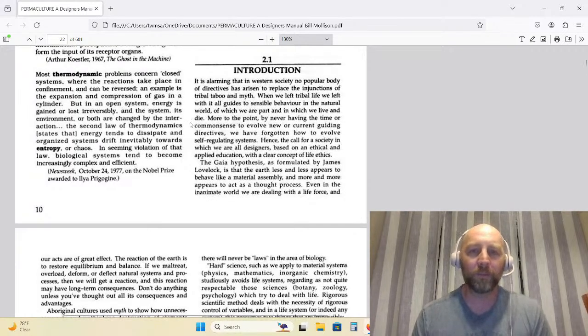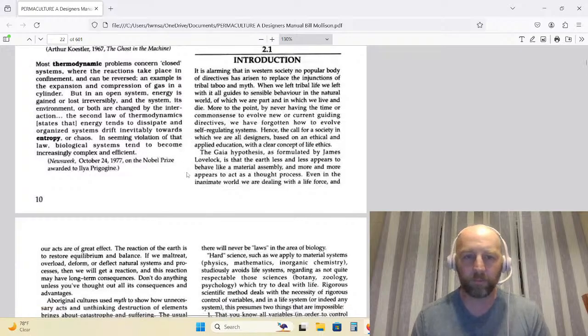More to the point, by never having the time or common sense to evolve new or current guiding directives, we have forgotten how to evolve self-regulating systems. Hence, the call for a society in which we are all designers, based on an ethical and applied education, with a clear concept of life ethics.